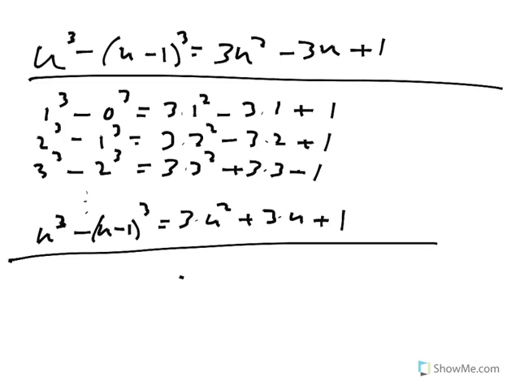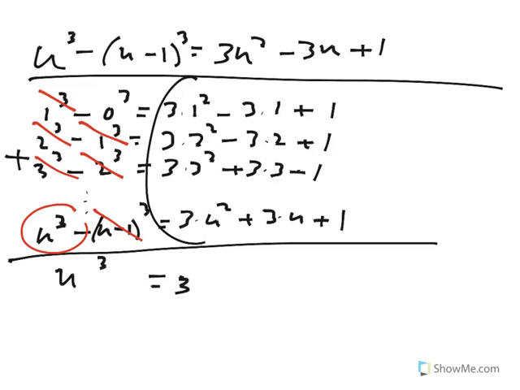Now if I add together all these equations, what ends up happening is that the minus 1 cubed cancels out with the 1 cubed, and the minus 2 cubed cancels out with the 2 cubed, and basically everything ends up canceling except for n cubed. So the left side is just n cubed. But the right side, this is 3 times 1 squared plus 3 times 2 squared plus 3 times 3 squared.